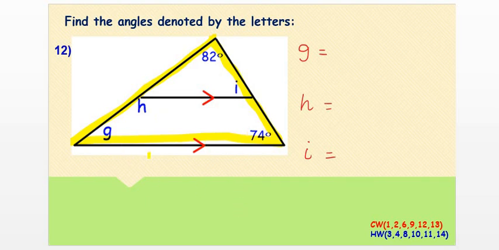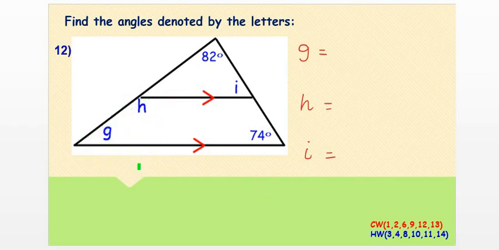Now here we are getting a shape of C because there are two parallel lines. So G and H, their sum will be 180, and clearly you can get that angle, right?